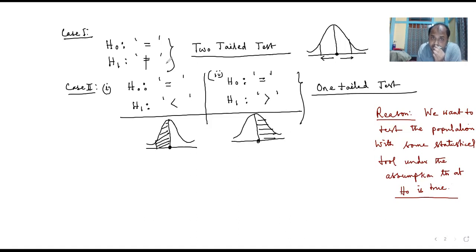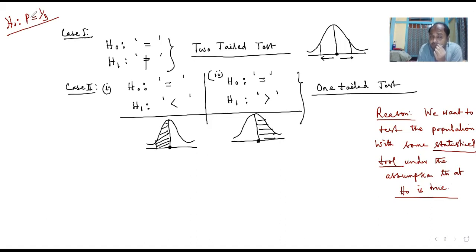So in H0, what have you considered? In H0, you have considered capital P is equal to 1/3. So in the statistical tool that you are going to consider in this particular case, there will be some sort of reflection about capital P.